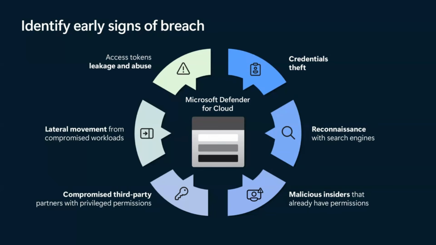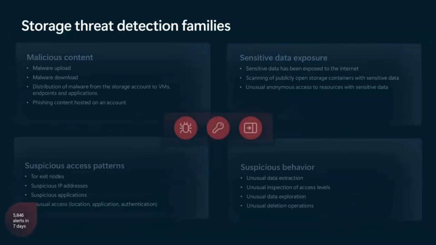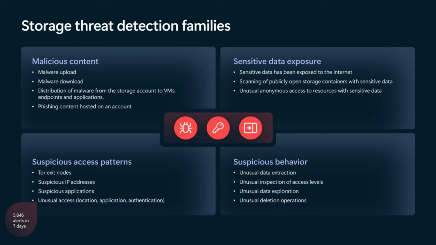All of that is tracked by Defender for Cloud to generate a wide range of alerts, whether it's unusual malware downloads, malware uploads, unusual data extraction, data exploration, access from Tor nodes, suspicious IP addresses, suspicious applications, right?